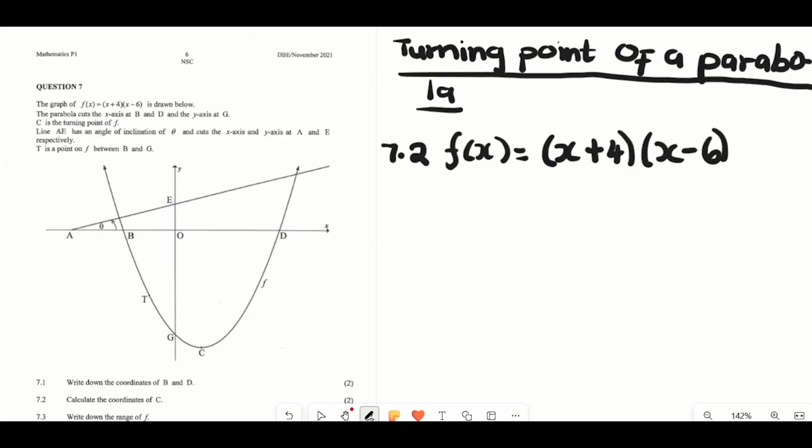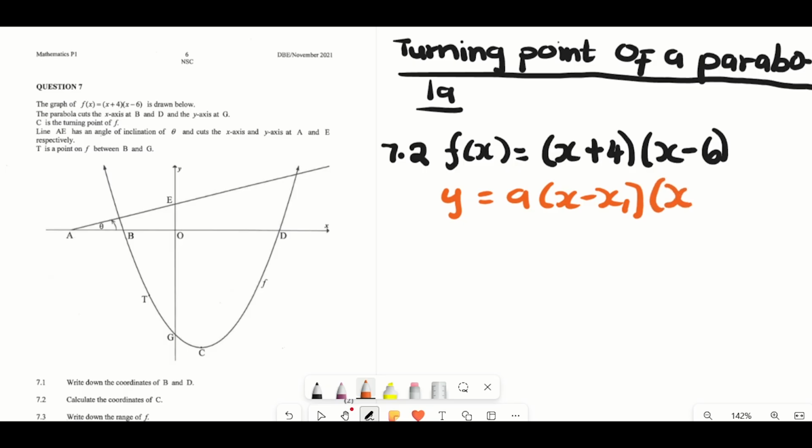So far we've seen examples of questions where they were asking us to find the turning point, but the equation of the graph was given to us in standard form and also in turning point form. But now we've been given what we call the x-intercept form. This one is the same as y = a(x - x1)(x - x2). Some say xm and xn, it's the same thing.